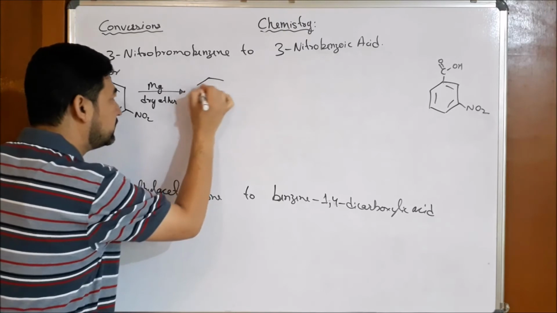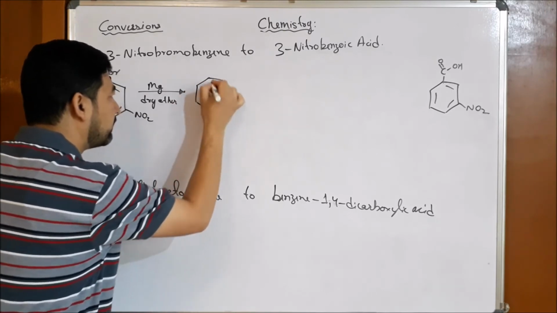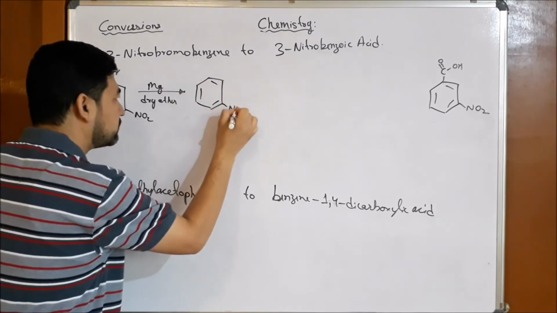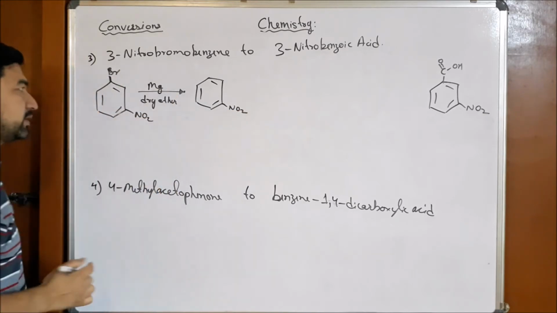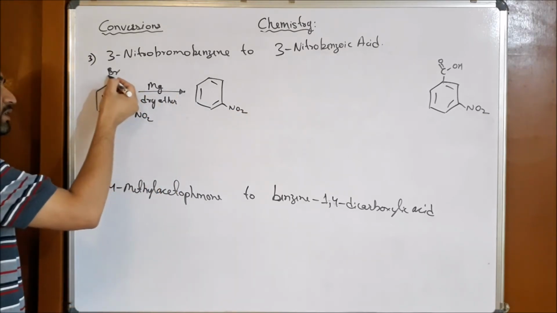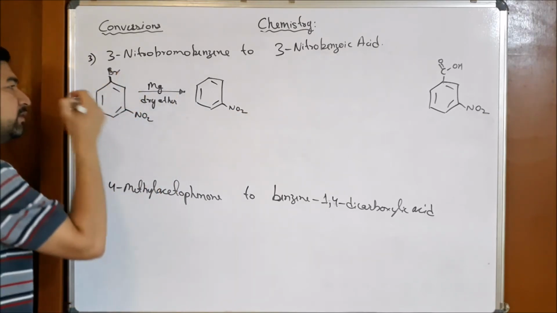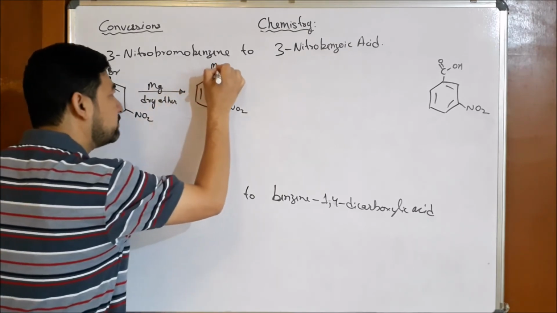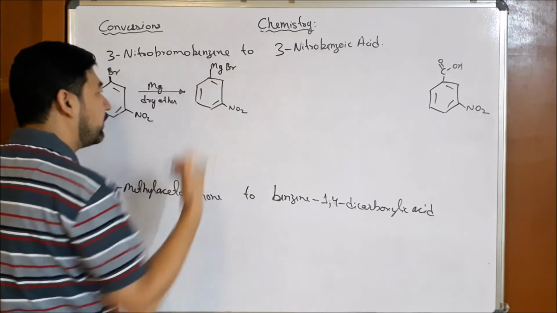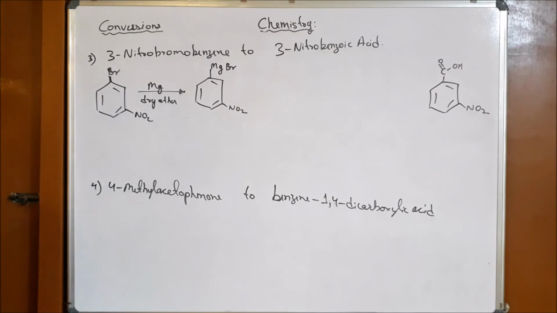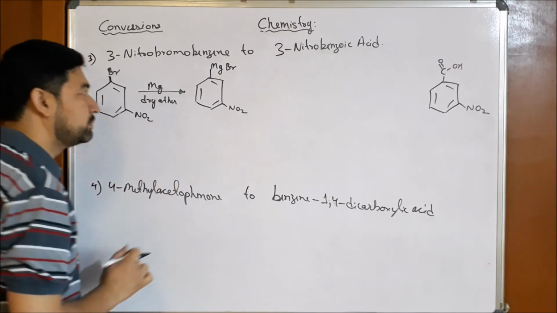When we add Mg and dry ether, Mg gets inserted between this benzene ring and bromine. So it will be MgBr. Fine. So this is the Grignard reagent.